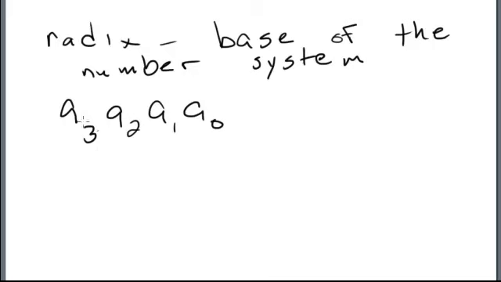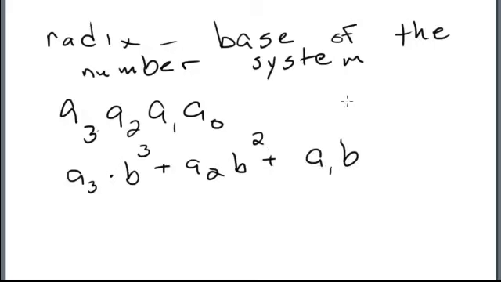Depending on the base we use, this number is going to be A3 times B to the third, where B is the radix or the base, plus A2 B squared plus A1 B to the 1 plus A0 B to the 0.